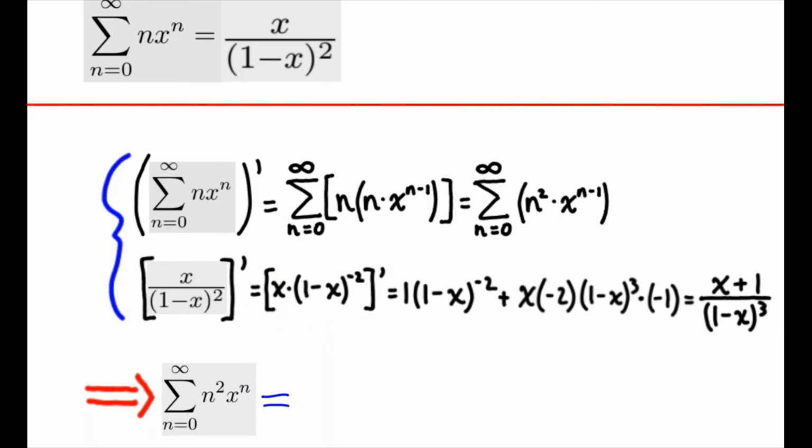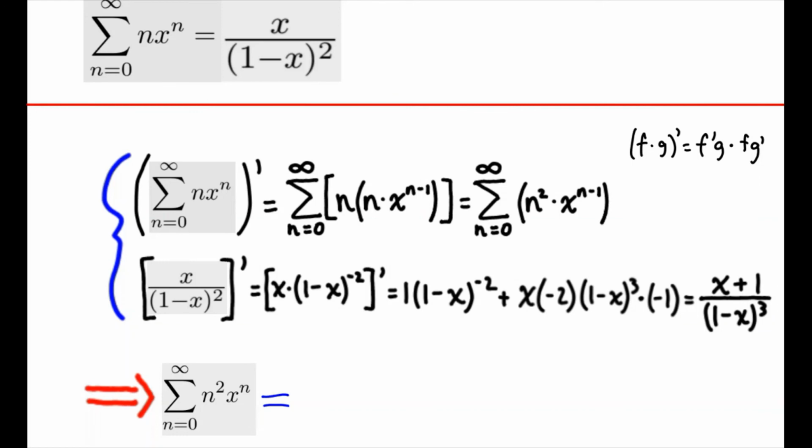Now, we're going to be using something called the product rule over here. In the product rule, if we have the derivative of f times g, it is just the same thing as f derivative times g plus f times g derivative.